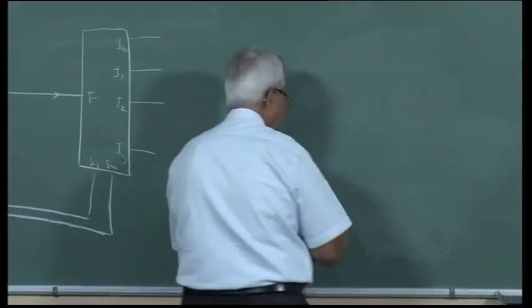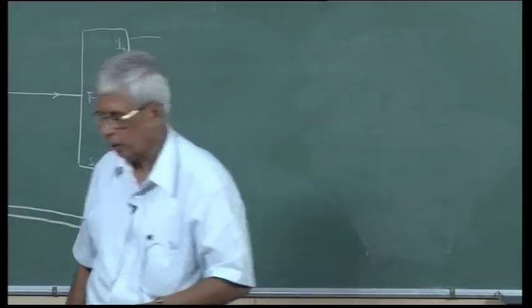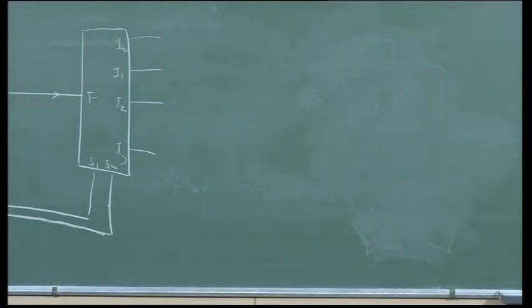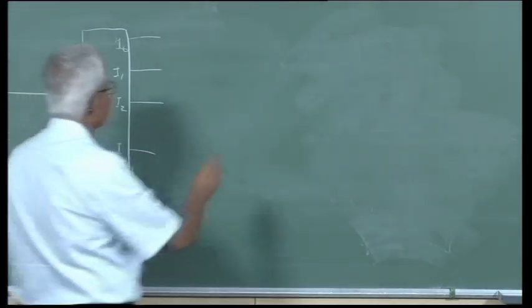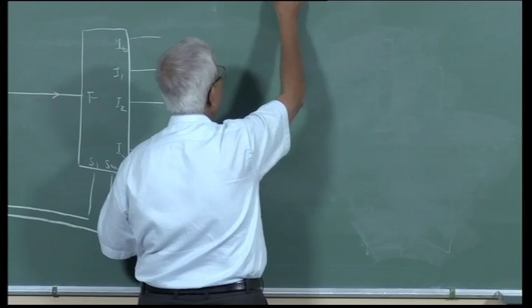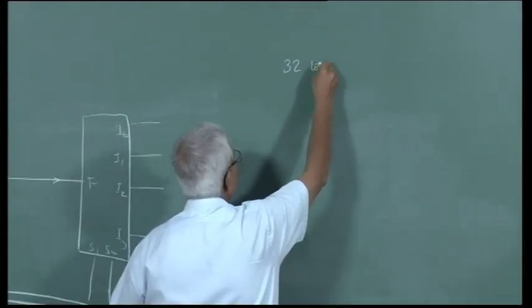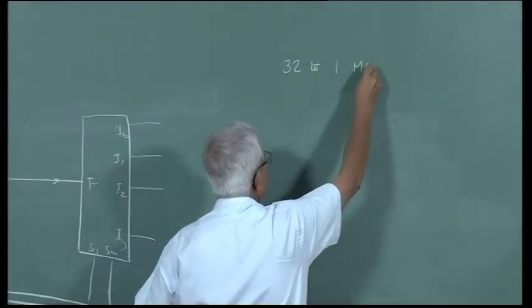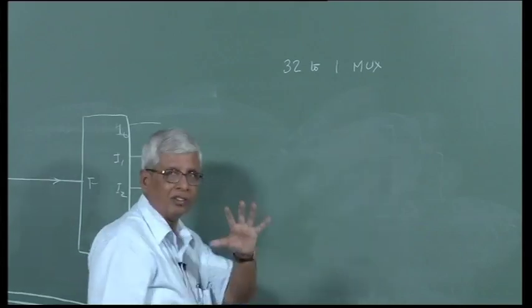Suppose I want 32 to 1 multiplexer. How many selector lines? 32 means 5 selector lines.